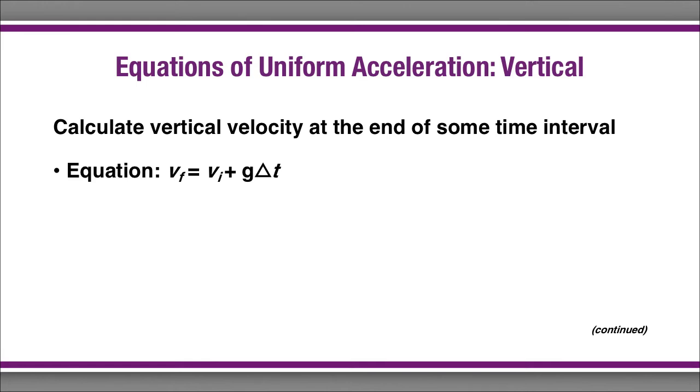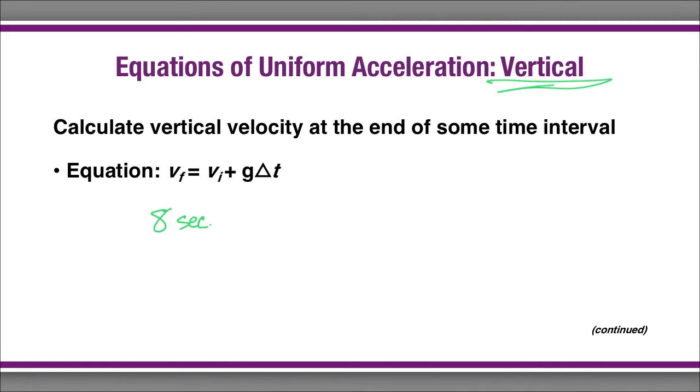So in calculating velocities strictly relative to only vertical projectiles or vertical movement, the main equation that we're going to use is the final velocity equals initial velocity plus acceleration due to gravity times the change in t. So say that you toss a ball up and from the time it leaves your hand to the time it hits your hand again, it's 8 seconds, all right?